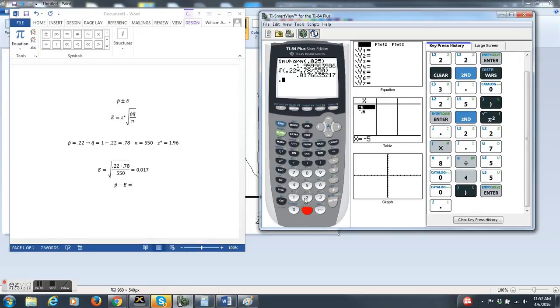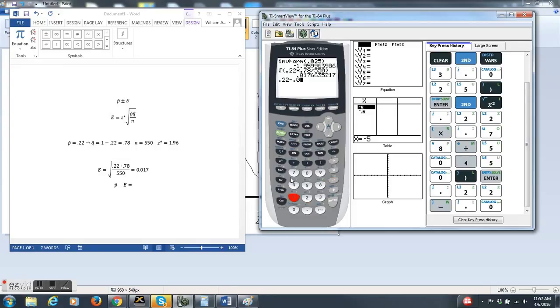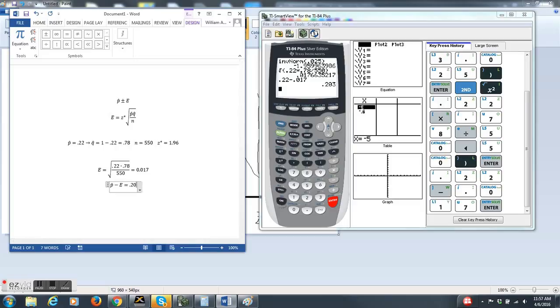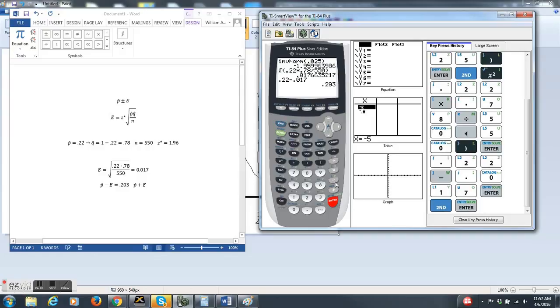So square root of 0.22 times 0.78 divided by 550, I guess that's 0.017.